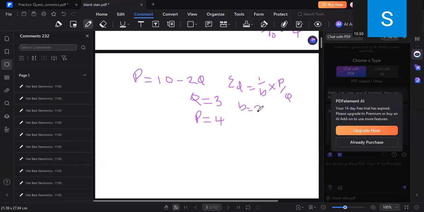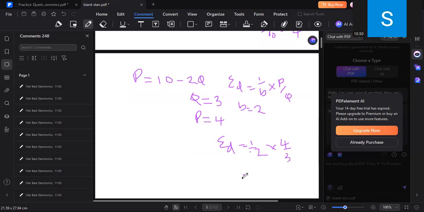So we substitute now. What do we put on the B? 1 over -2. And what do we put on the P? The P we calculated already as 4. Times 4 over 3. So we're going to have 4 over 6.